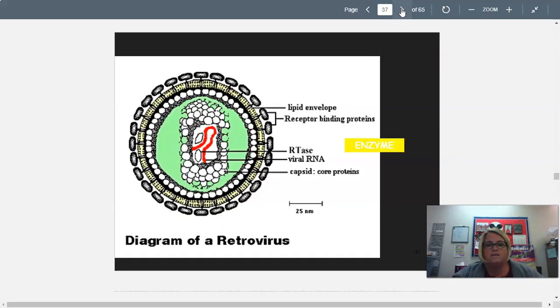Okay, so look at it. So you have your lipid envelope, your receptor binding proteins, then your RTase, reverse transcriptase enzyme right here, and here's your viral RNA. And then here's your core proteins. Okay, this is what the retrovirus looks like.